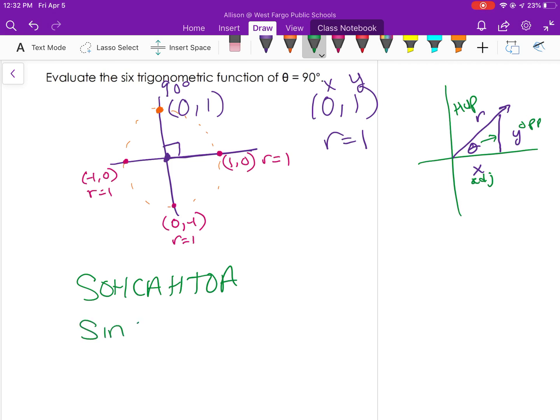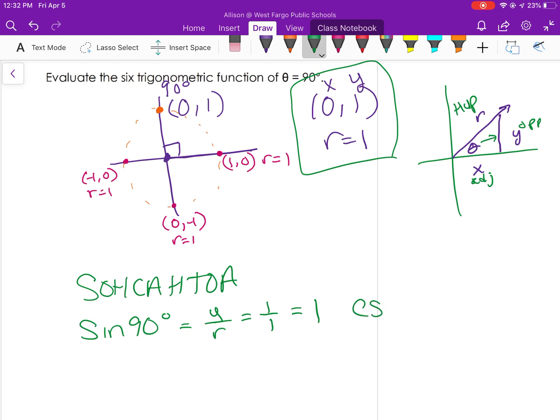So sine of 90 degrees will equal opposite over hypotenuse, so y over r. For 90 degrees, my y is 1 and my x is 0. So it would be 1 over 1. So sine of 90 degrees is 1. That means that cosecant of 90 degrees will be r over y, which is 1 again.